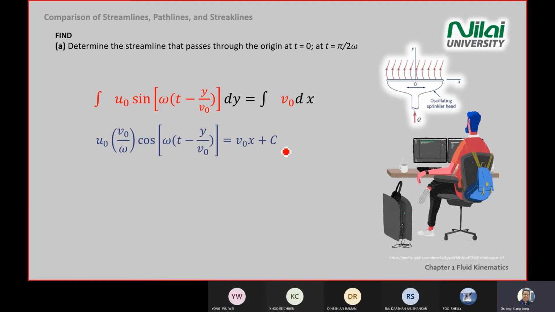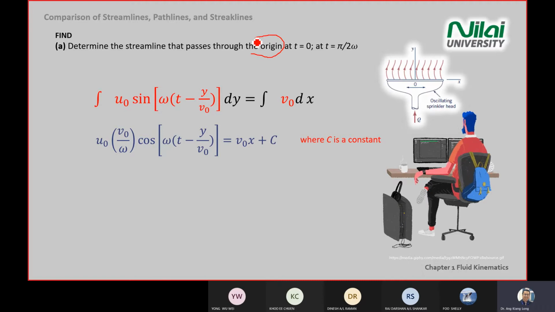All right, now we're still at the integration step. Then we need to solve. Every time when you don't have the boundary layer or boundary condition in your integration steps, remember to solve for your constant value. So how do you solve for constant value? You just substitute the known coordinate, especially at the origin.